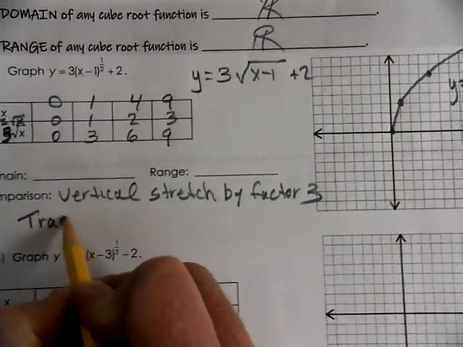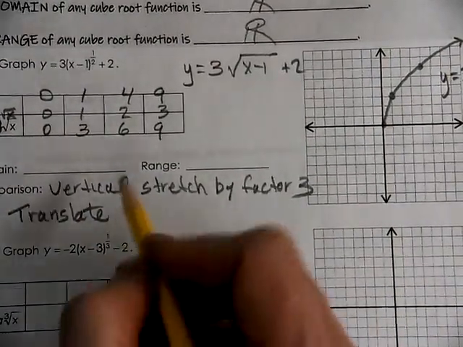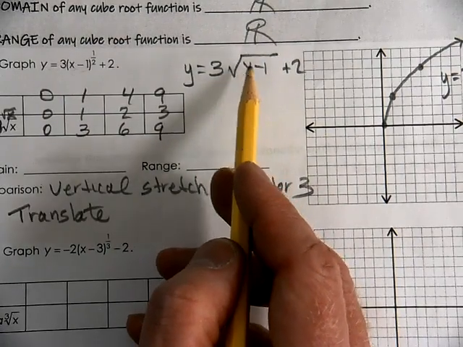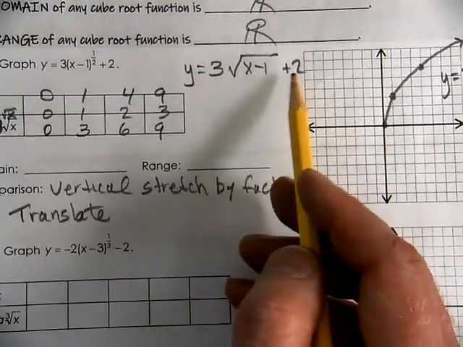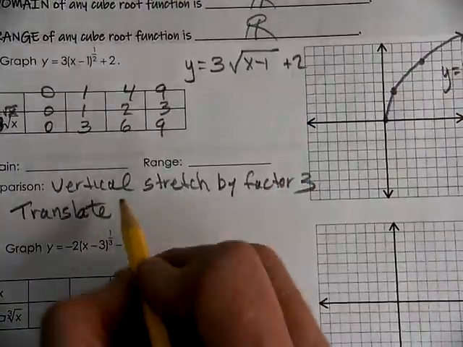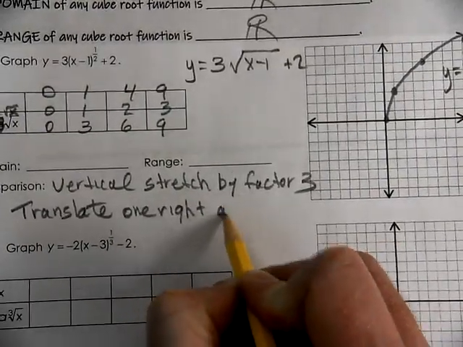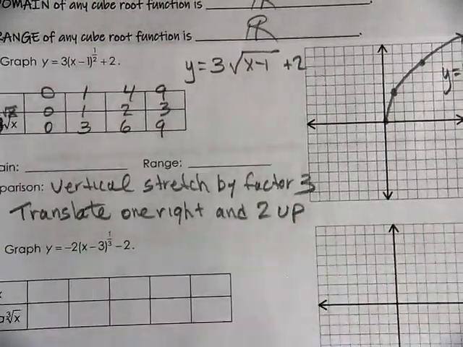Now we're going to translate our graph 1 unit to the right. It says minus 1, but that's going to be to the right. It's always opposite. But we're going to go up 2. So translate 1 unit right and 2 units up.